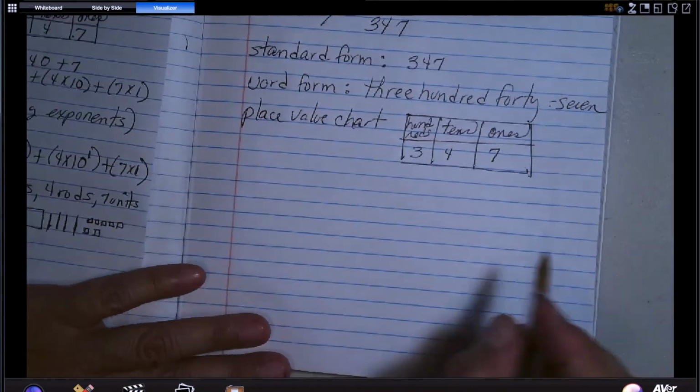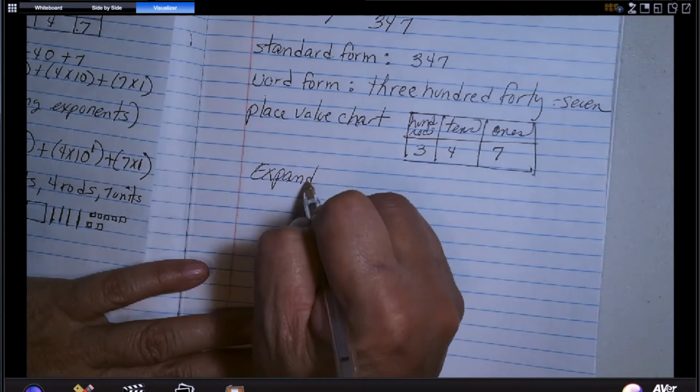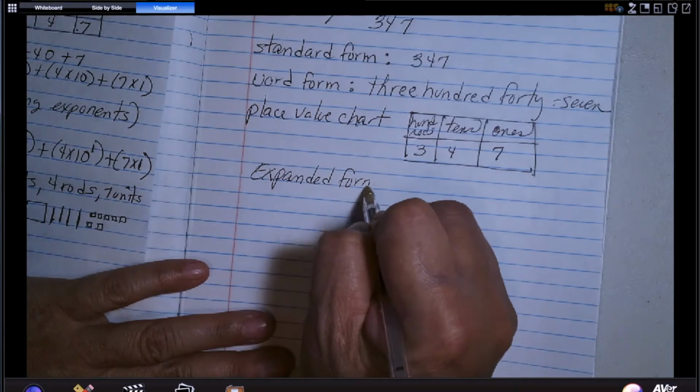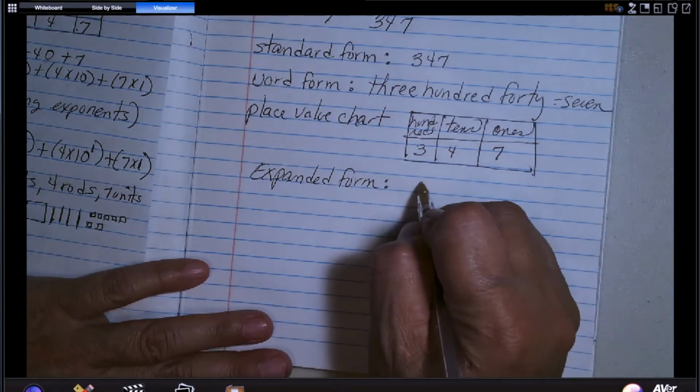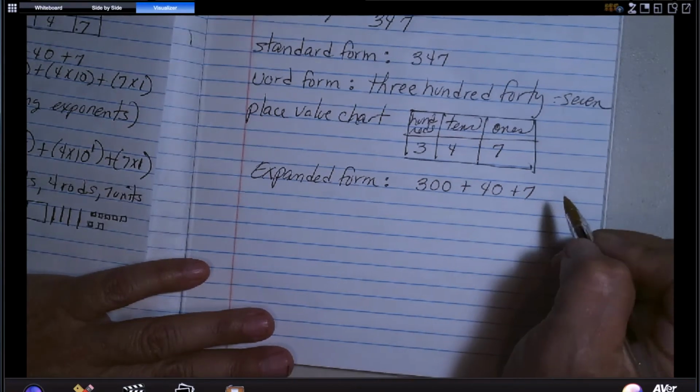Okay. We have expanded form, which is arithmetic, 300 plus 40 plus 7.